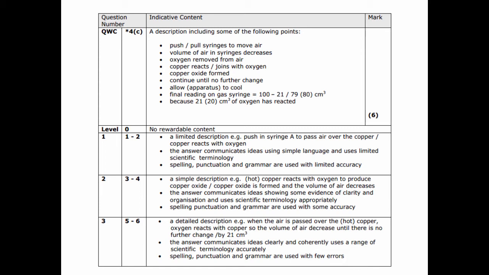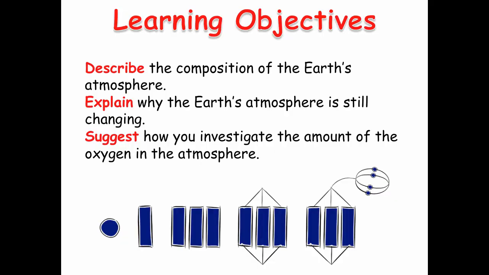I will need to allow the apparatus to cool, because gas syringes only accurately measure volumes at room temperature, and then I'll be able to work out the final reading of the syringe, which should be about 79 because 21% of the oxygen was used up. Okay, so you should now be able to suggest a way for investigating the amount of oxygen in the atmosphere.